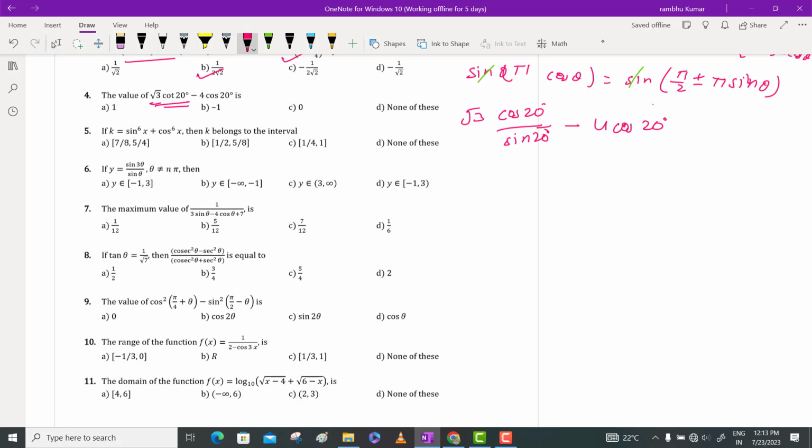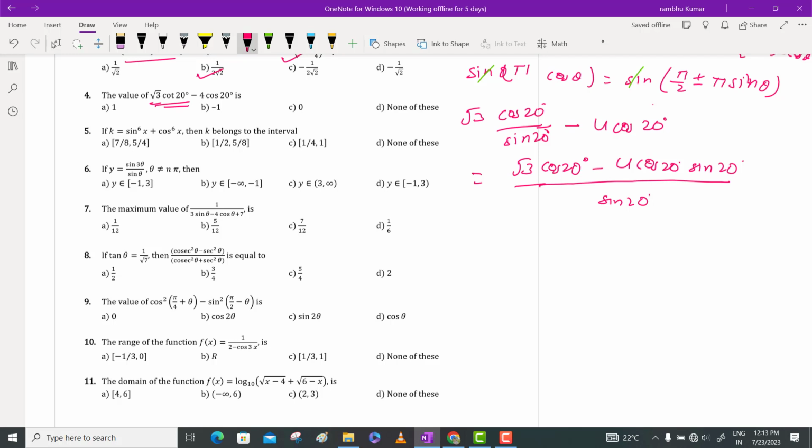And if you take the LCM, this will become root 3 cos 20 minus 4 cos 20 sin 20 divided by sin 20.